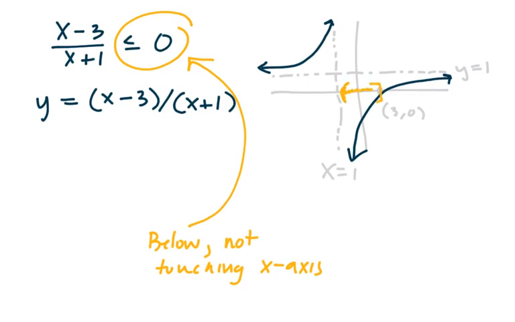Everywhere between -1 and 3. This is where I end up with a graph that is below. Right? You see that part of the curve there. So we have a graph that's below the x-axis. Everywhere else, the graph is above. So if we had had a greater than problem, we would have written this interval differently.